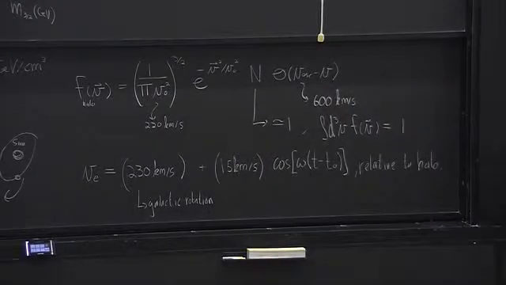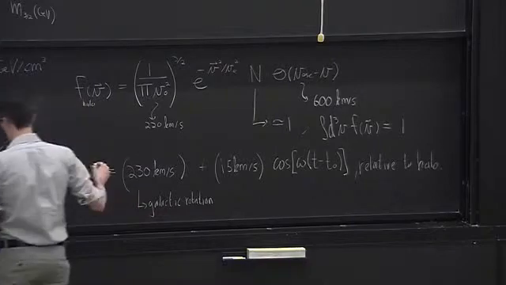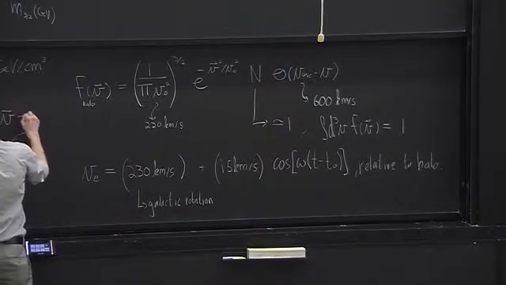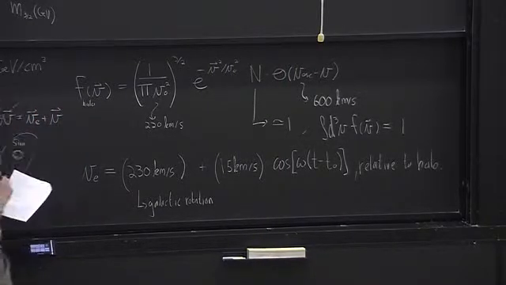So, given that we transform from the halo frame to the lab frame, we have our lab frame velocity, v prime, just equal to the velocity of the Earth plus the velocity in the halo.